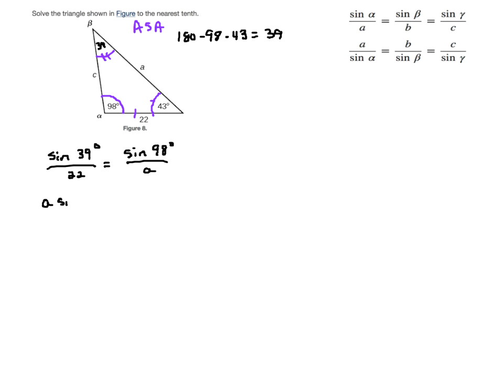So A times the sine of 39 degrees has to equal 22 times the sine of 98 degrees. Going to divide the sine of 39 degrees off of both sides.